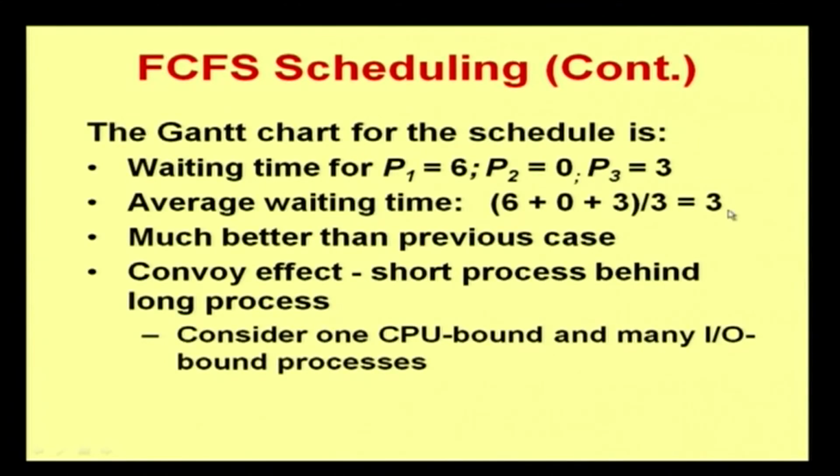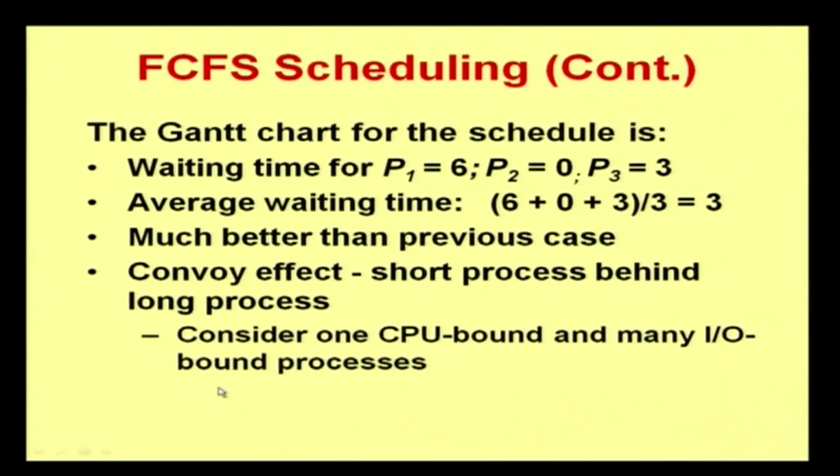So what was the previous case? In the previous case, you had the average waiting time as 17 milliseconds. Here the average waiting time of each process is only 3 milliseconds. So this approach is much faster when compared to the previous approach.